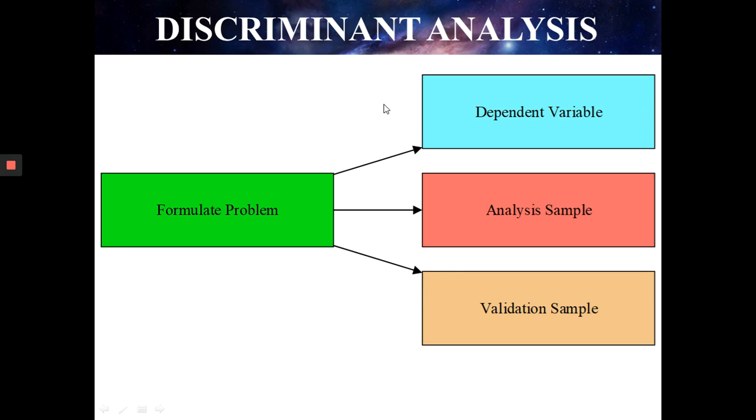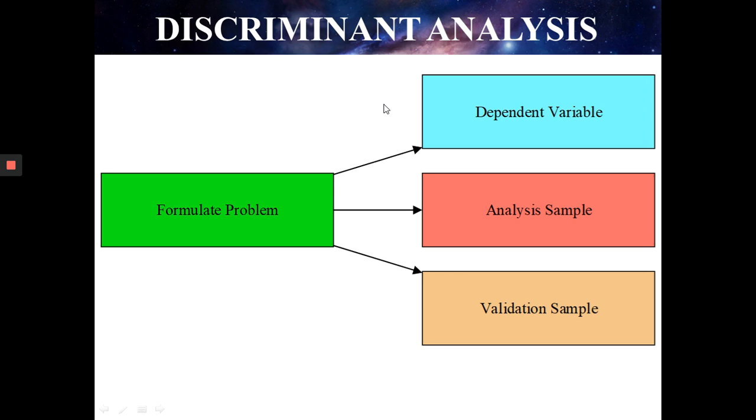Okay, so the next step is to divide the sample into two parts. One part of the sample, called the estimation or analysis sample, is used for estimation of the discriminant function. The other part, called the holdout or validation sample, is reserved for validating the discriminant function. When a sample is large enough, it can be split in half.